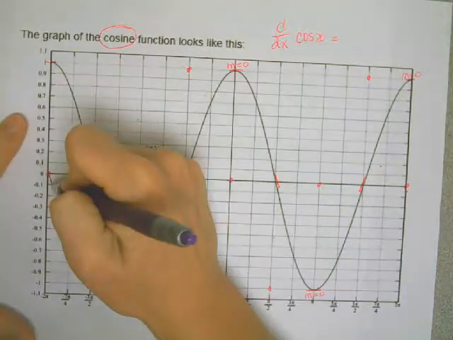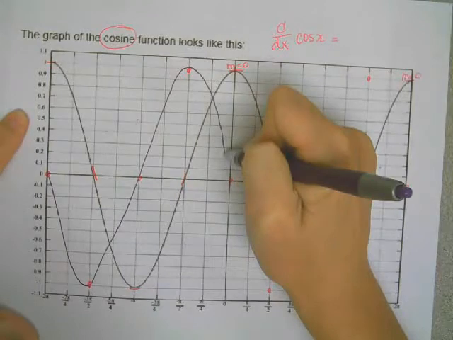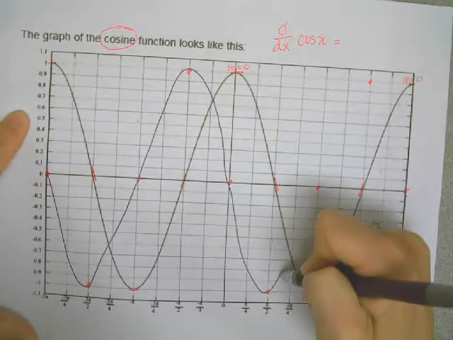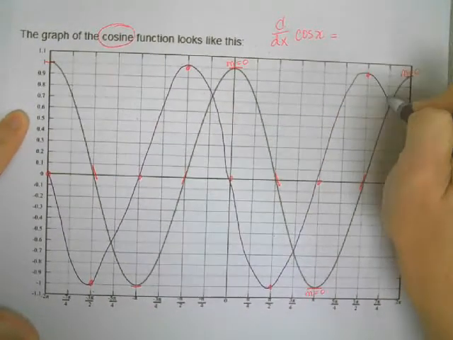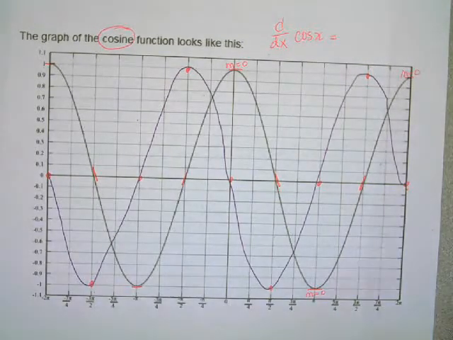All I'm doing is just estimating slopes. If I connect those, estimating, that graph looks like something we've seen earlier. Any guesses?